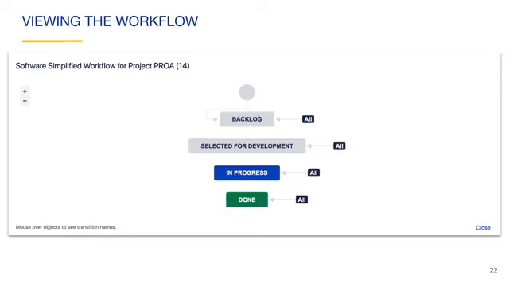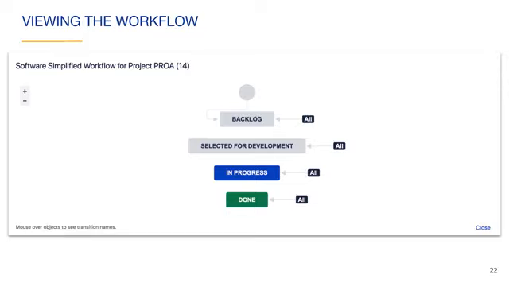The selected for development, in progress, and done boxes represent the 3 other statuses in the workflow. Notice that all 4 statuses in the workflow have an "all" box with an arrow pointing to its status. The gray arrows represent transitions from one status to another. The "all" boxes mean that the issues that are in any other status can be transitioned to this status.